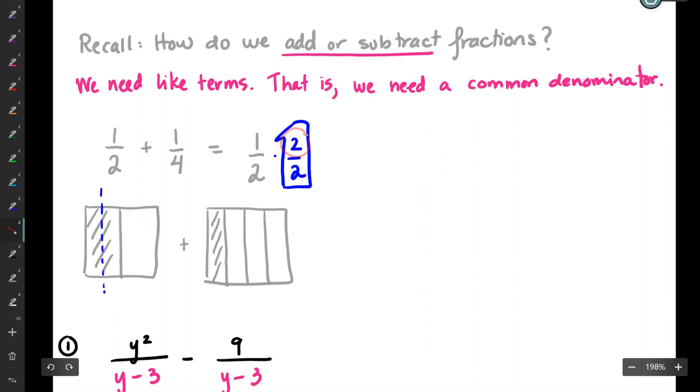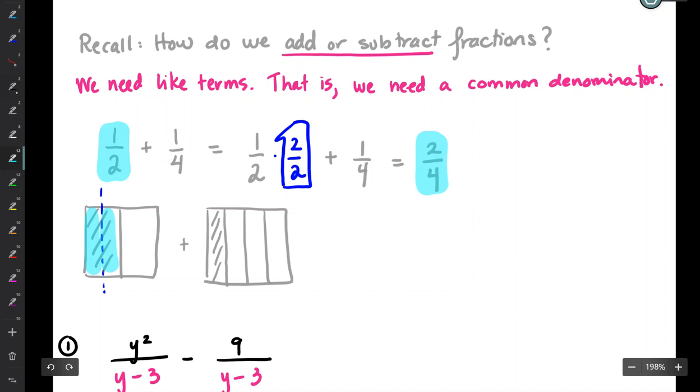I'm going to have twice as many slices, but they'll be half as big. So 1/2 is equal to 1/2 times 2/2, multiply fraction straight across, it's equal to 2/4.